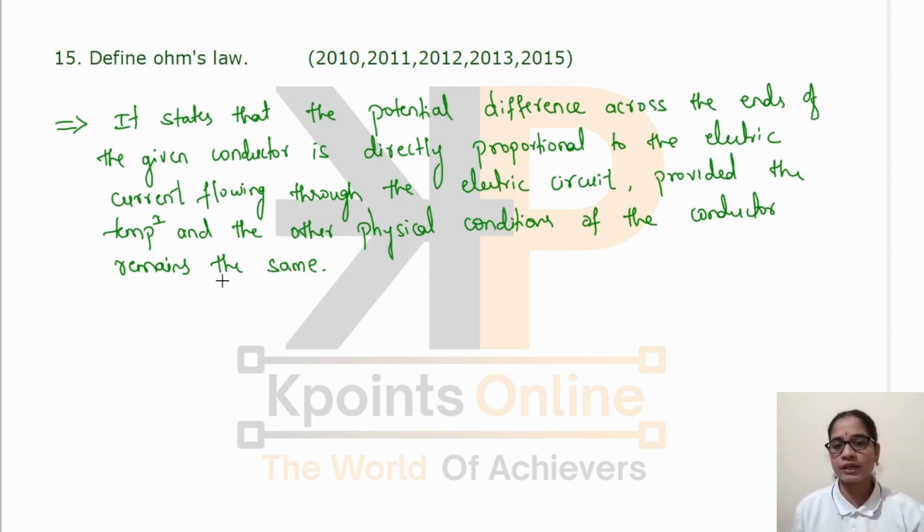It is very important to mention that the physical conditions and the temperature should remain same. Then only the resistance will be constant.